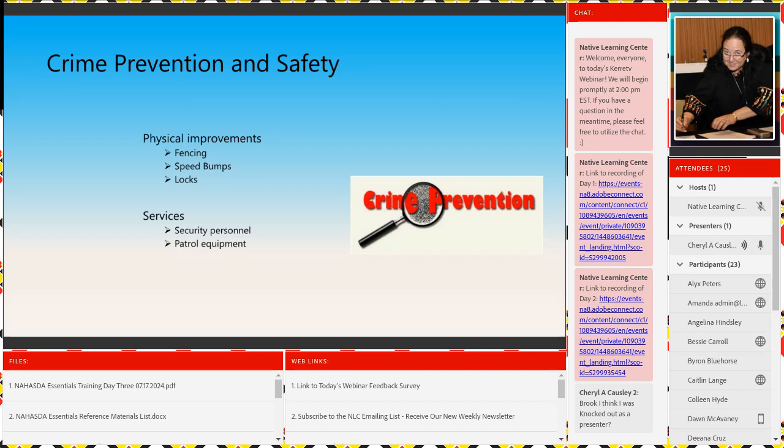So crime prevention and safety. You can do physical improvements: fencing, speed bumps, locks, lights, and if you have a high area of, I guess you would say activity, I've even seen security lights with cages so you can't shoot them out. You can get things like that. I've seen apartment buildings that had cameras that went straight down the hallways so you could see who's going in and out in the hallways and the parking lots.